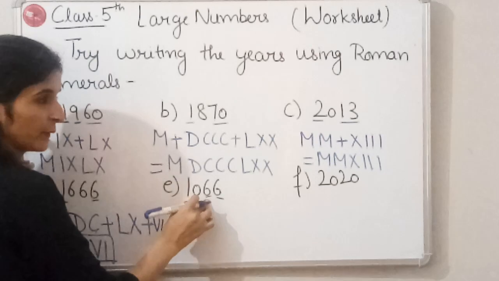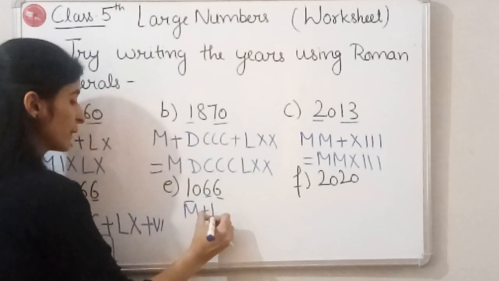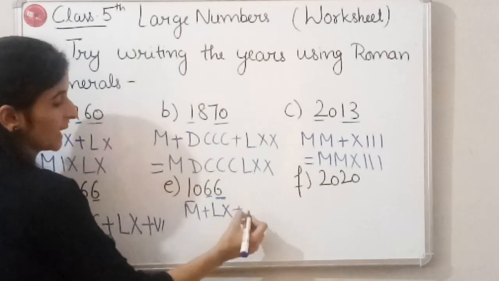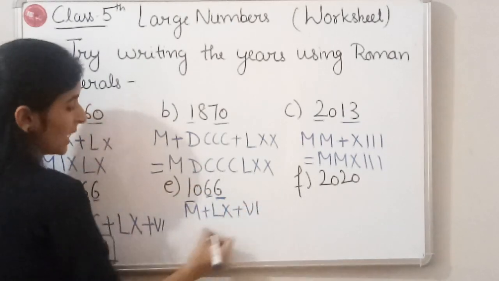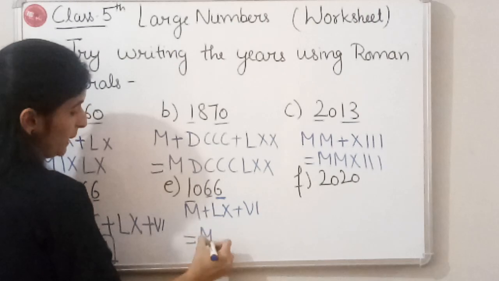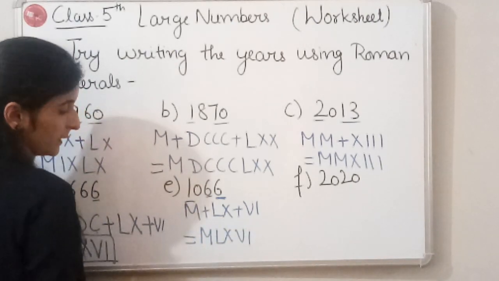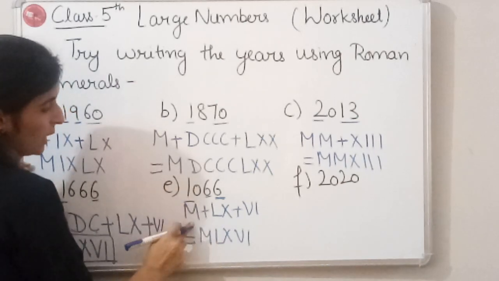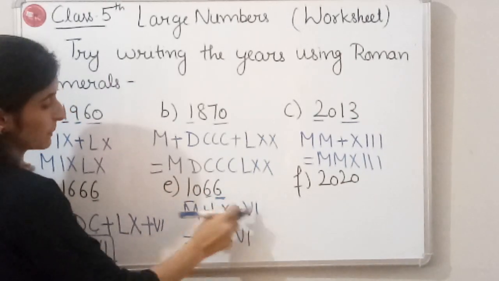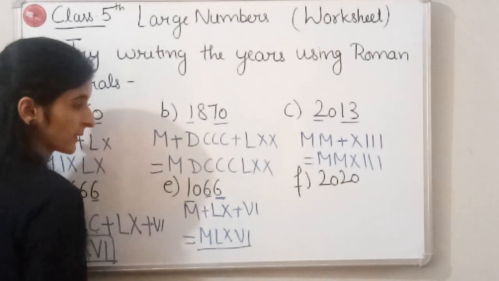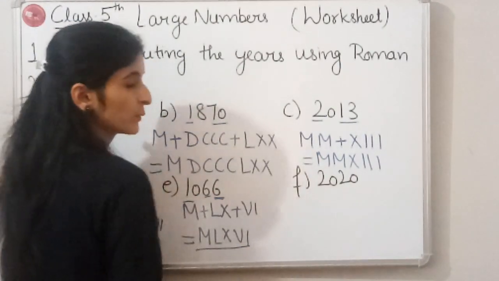First of all, we will write for 60. 60 means 50 plus 10. Then 6. 6 means VI. So this will be equal to MLXVI. Okay children. So 1000 plus 60 plus 6. MLXVI. Fine.